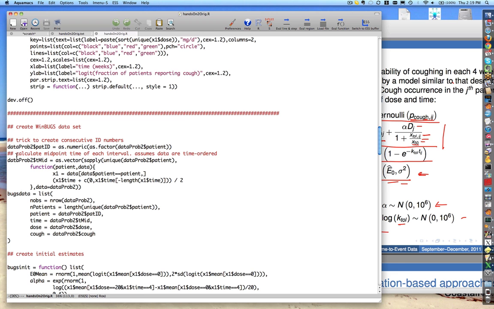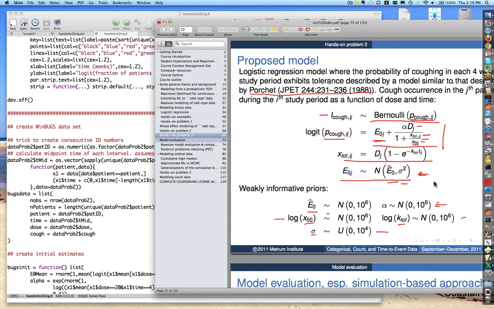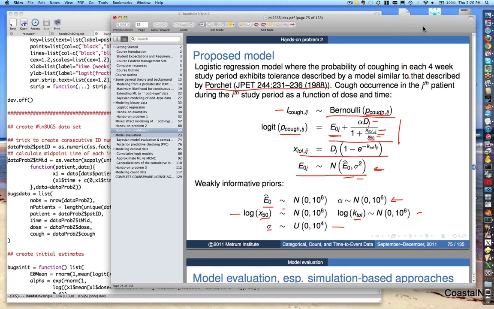The other thing is, in looking at this model, I realized that I really don't have measurements taken at a particular time. What I actually have is the report of whether or not an event had occurred over an interval of time.